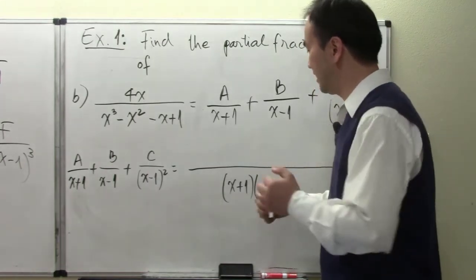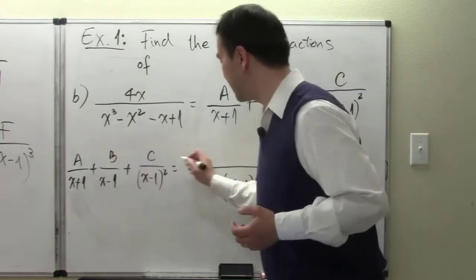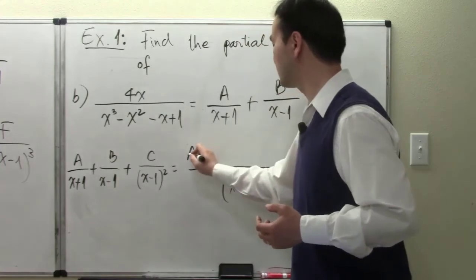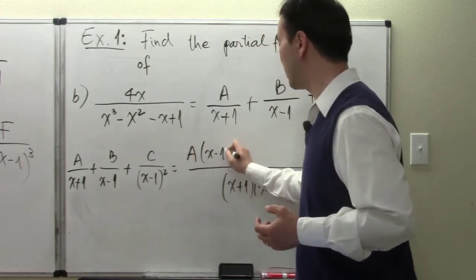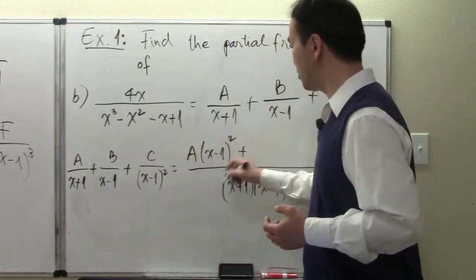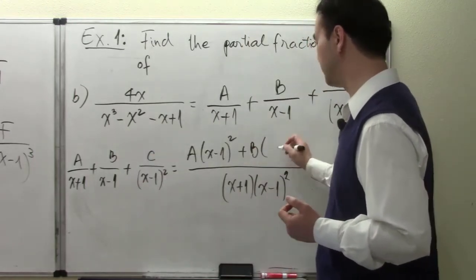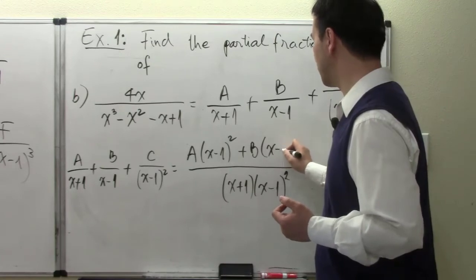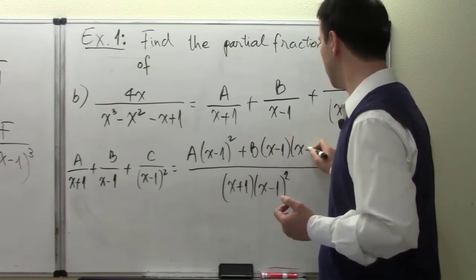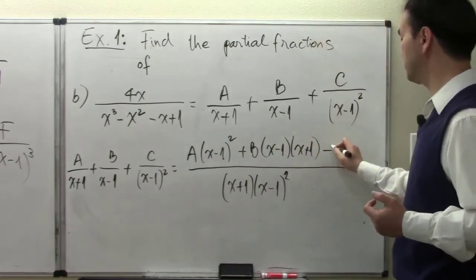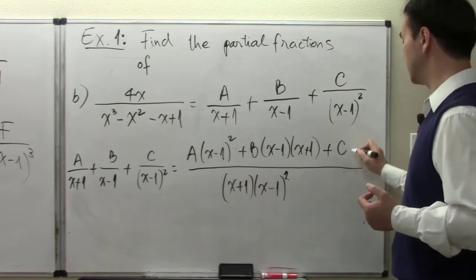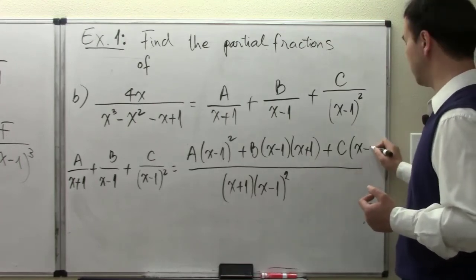Okay, and then a here needs to multiply with x minus 1 all square. The b coefficient needs to be multiplied with another x minus 1 and the x plus 1. And the c term is supposed to be multiplied with just x plus 1.